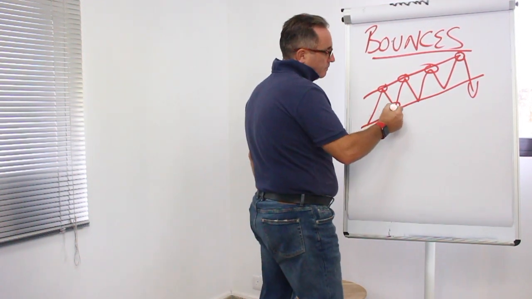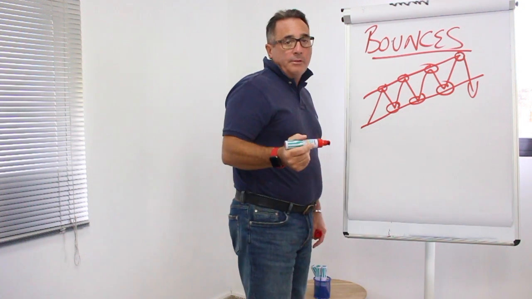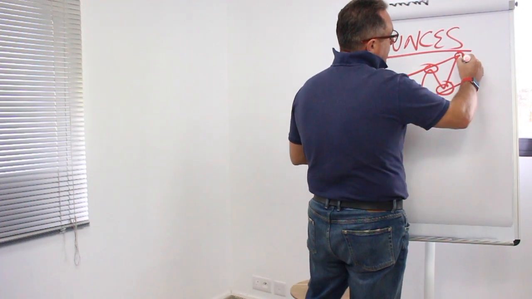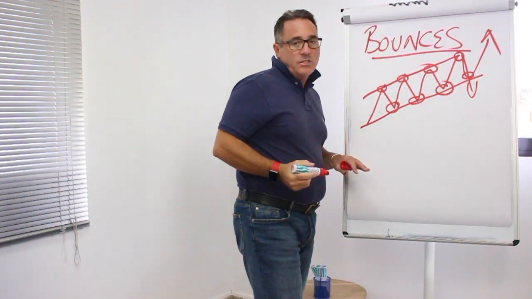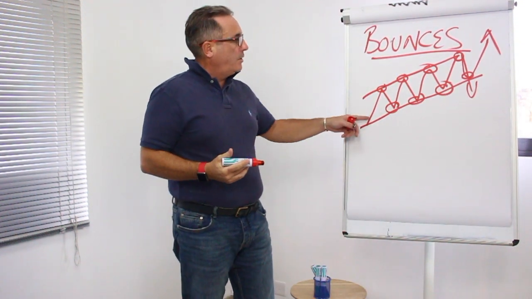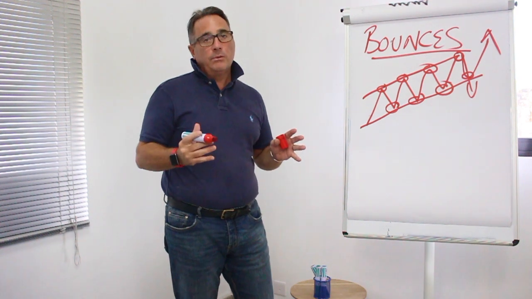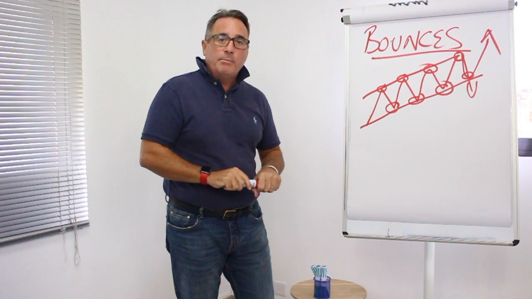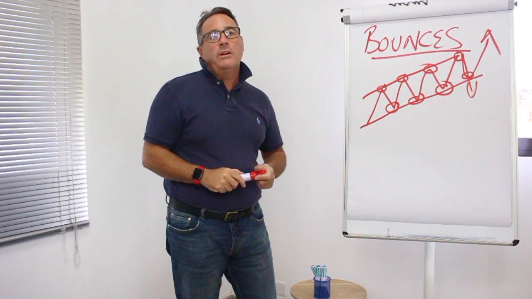Equally, where I see 1, 2, 3 bounces off the support line, we'll then take the fourth one as a trade long. So look for those bounces, look for those levels, look for those patterns that I've shown you in this video, and that is the best way of trading support and resistance.